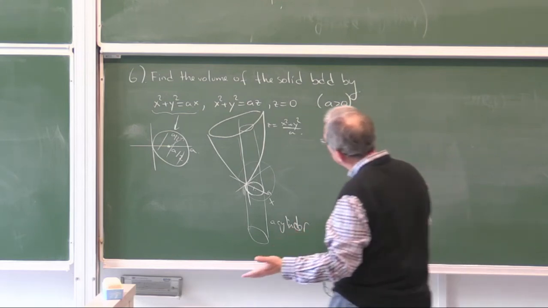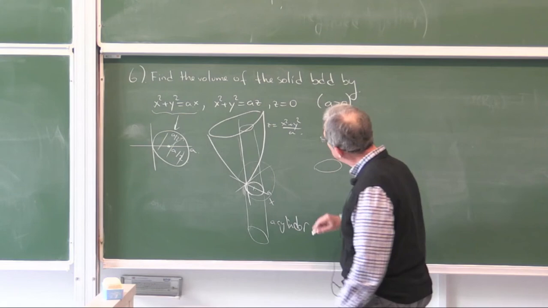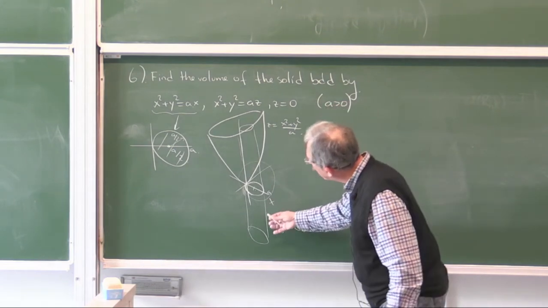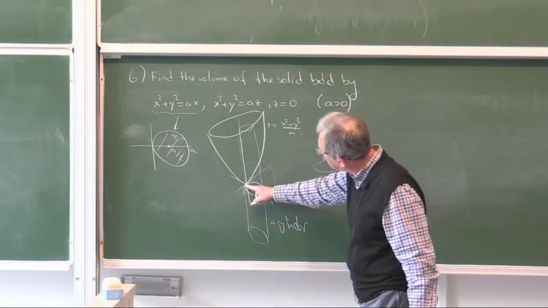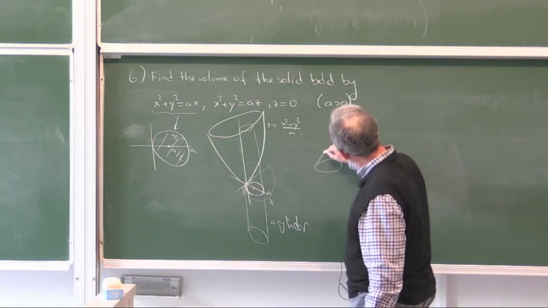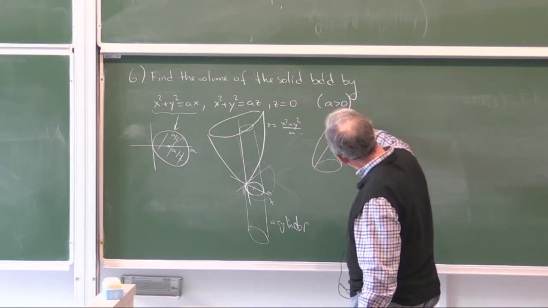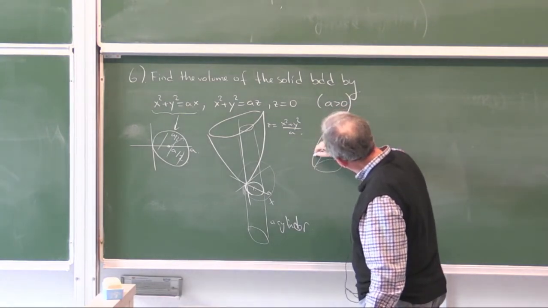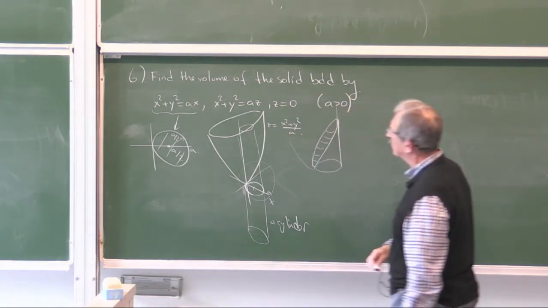So that determines the figure. So the figure is perhaps something like the following. You have this at the bottom, and you go vertical up until you hit the paraboloid, which gives you something like this. This is curved because this is the lower part of the paraboloid.